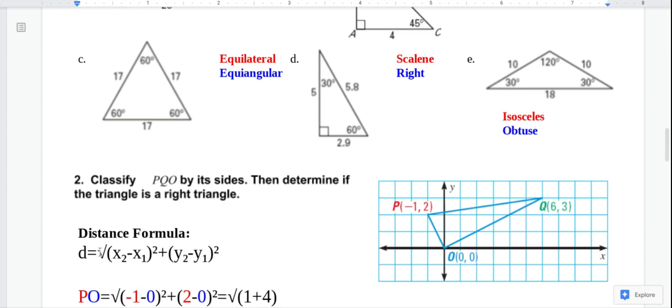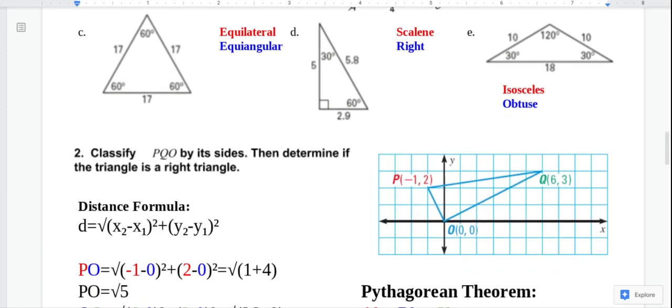So we're going to use the distance formula, which is d equals the square root, and really the square root line should go all the way across the top, of x2 minus x1 squared plus y2 minus y1 squared. So if we look first at PO, plug in our points for x2 and x1, that's -1 and 0.